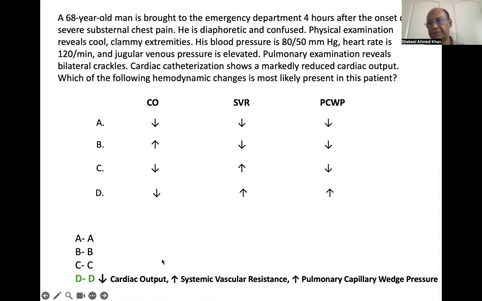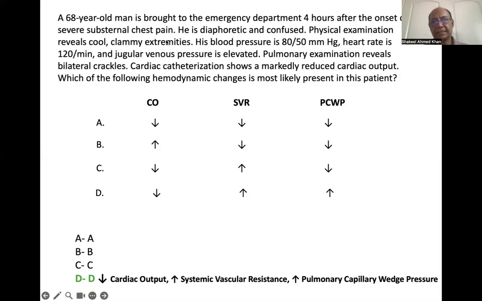So the answer is actually D. Why D? We'll discuss these conditions. The first thing is he's having a severe substernal chest pain. What's the meaning of that? He might be suffering from something related to the chest. In the chest, there are two things, the heart and the lungs, very broadly.